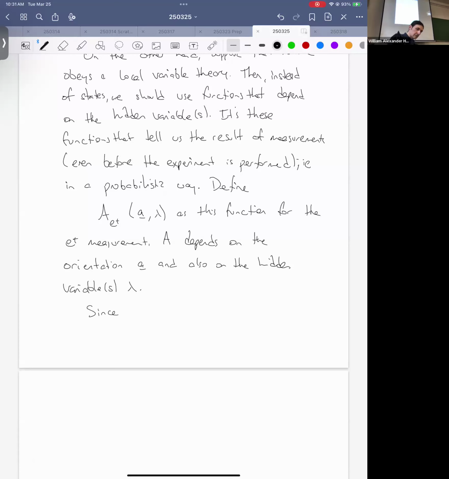Now, since by definition this A E plus of a, lambda tells us the result of the measurement, what values can this A E plus take?